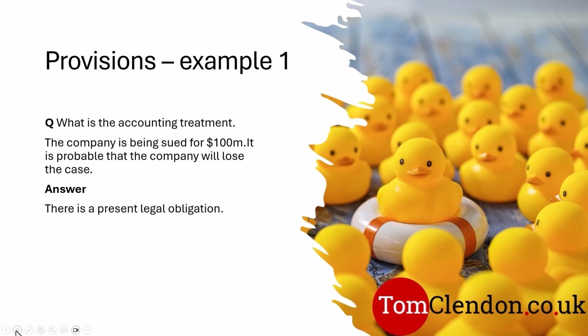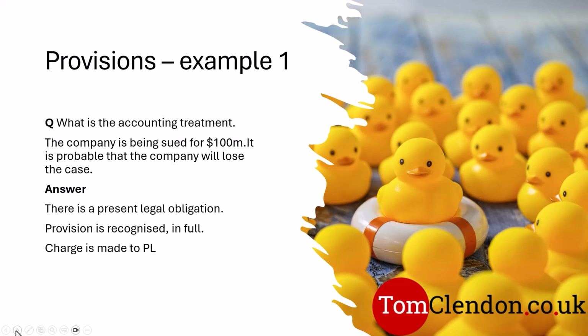There is a present legal obligation arising from a past event. We are being sued. We know that it's a probable outflow of money. It says so, probable, and we've got a number to it. So we will recognise this provision in full. We will recognise this liability in full, the full 100 million.